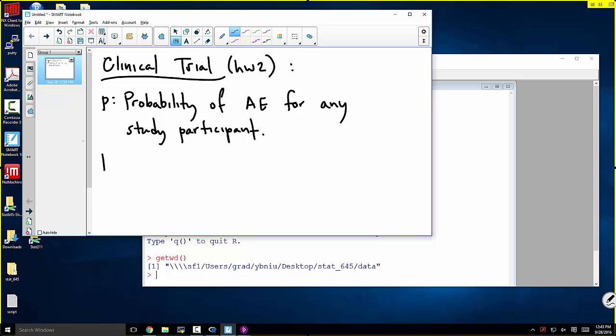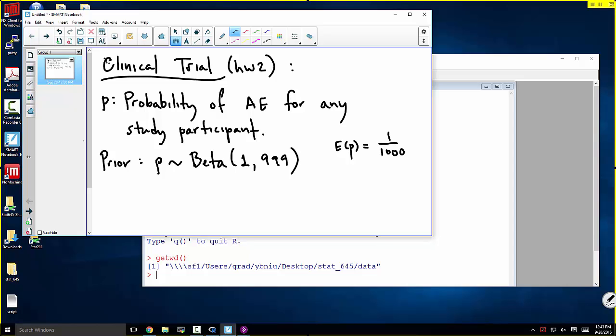We said the prior was that P follows the beta distribution with parameters 1 and 999. That particular distribution has expected value equal to 1 in 1,000.